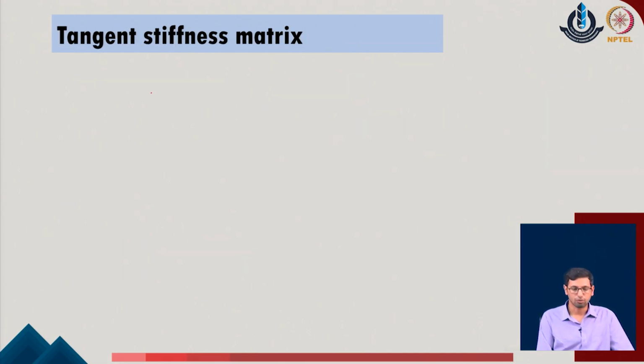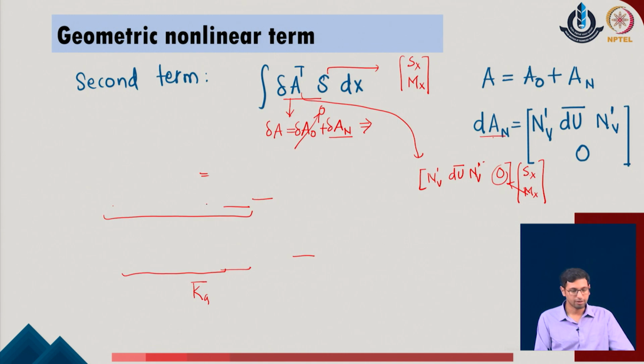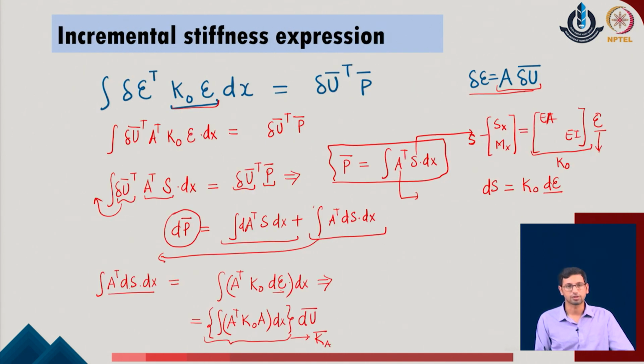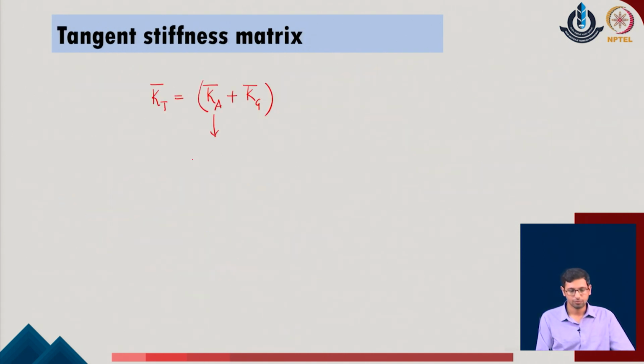Using this idea, now one can easily describe that k of t will be equal to k of a bar, which is identified in the first part, then the second, which is k of g of the given problem. k of a is identified as a parameter which was written over here, del of a transpose k naught a into dx.